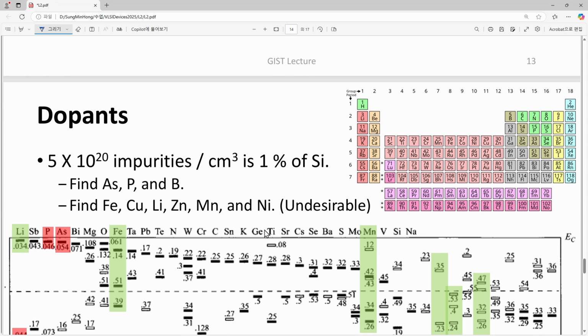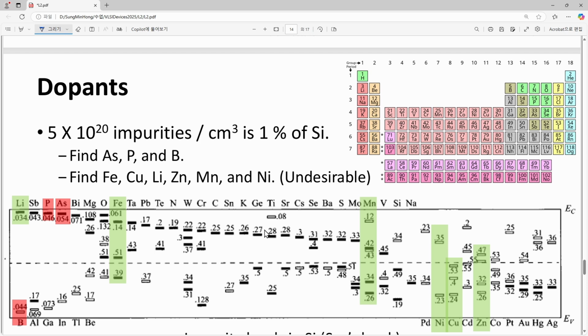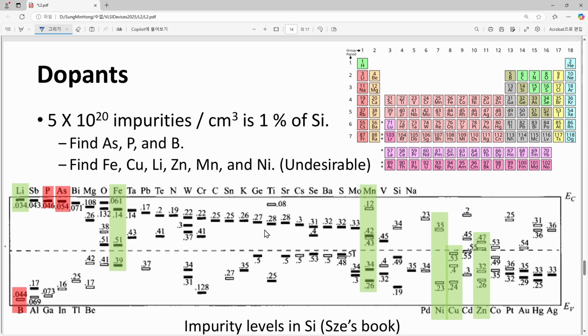So what will happen to our silicon crystal system? Please note that even when we introduce 5 times 10 to the 20 impurity atoms per cubic centimeter, which is a quite high impurity density, this is just 1% of the silicon atoms.